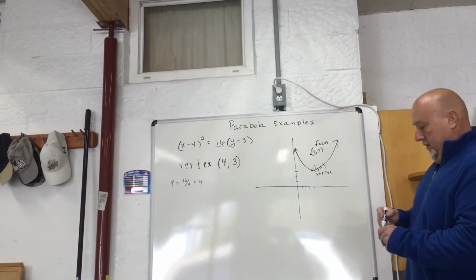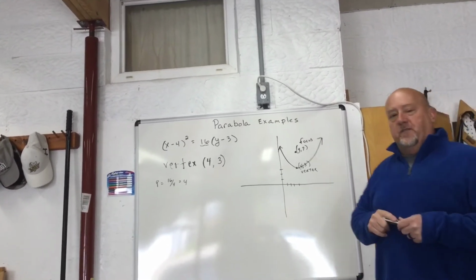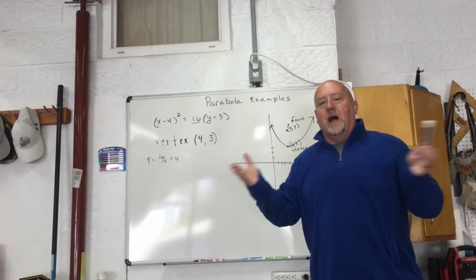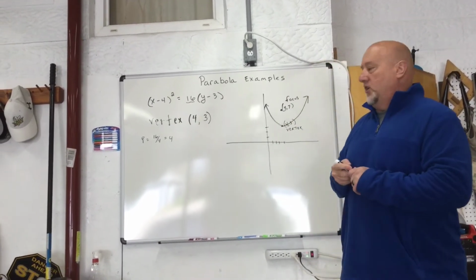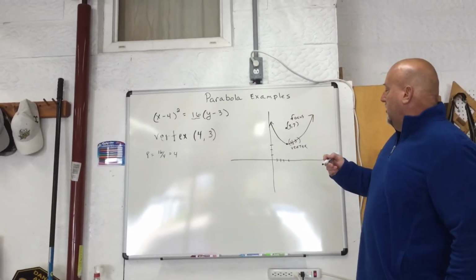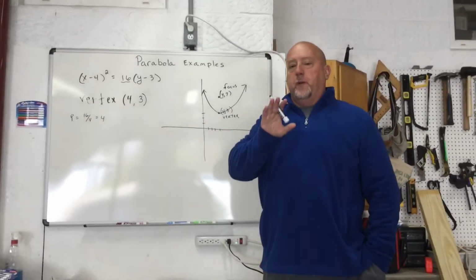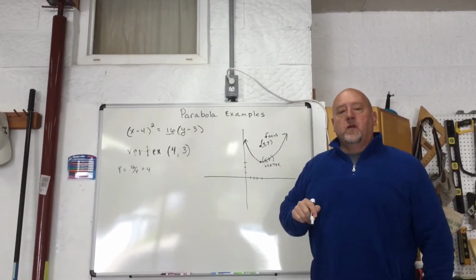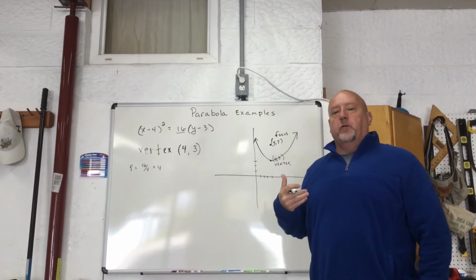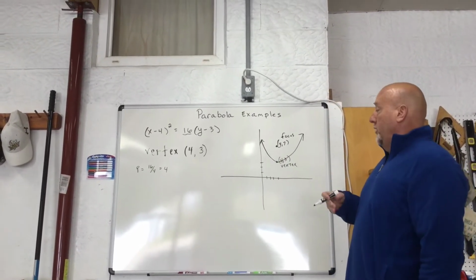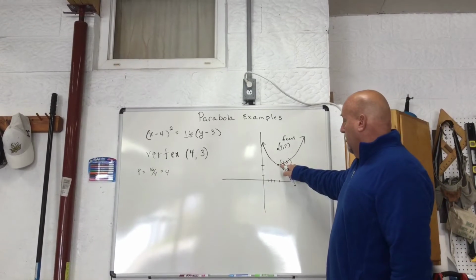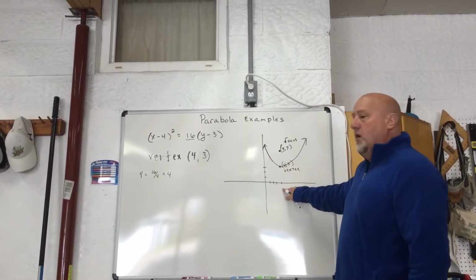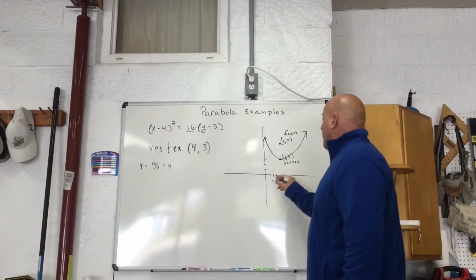Okay? And the last thing that I'm going to identify is a line called the directrix. The directrix is a line that's also p units from the vertex, but it's always outside of the parabola. And so I'm going to move 4 units on the outside, which is going to take me down to y equals negative 1.